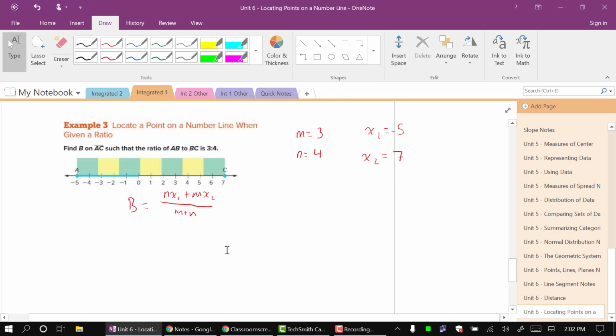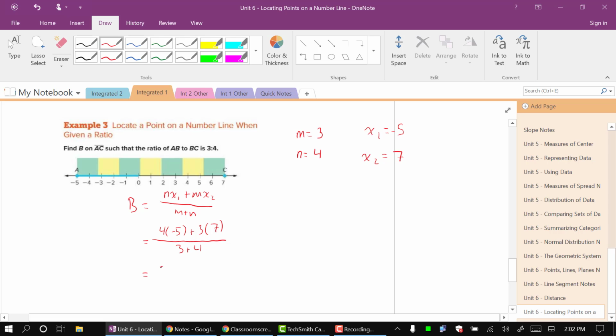Let's plug in our values. n is 4, so this gives me 4 times x1, which is -5, plus m, which is 3, times x2, which is 7, over m, which is 3, plus 4.